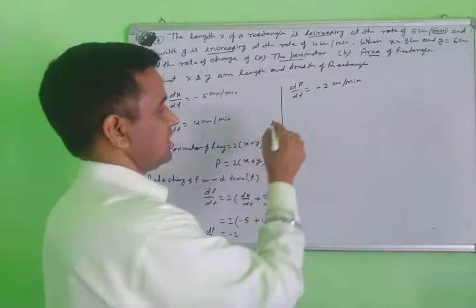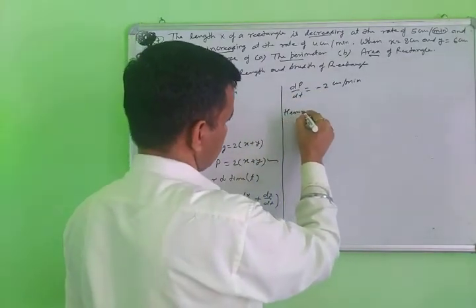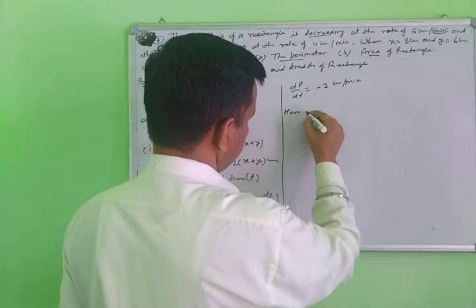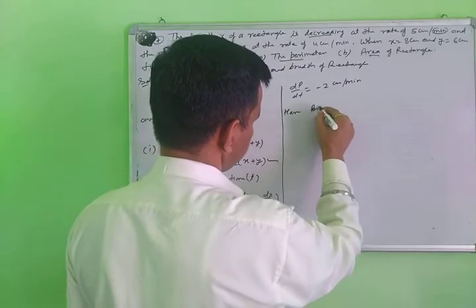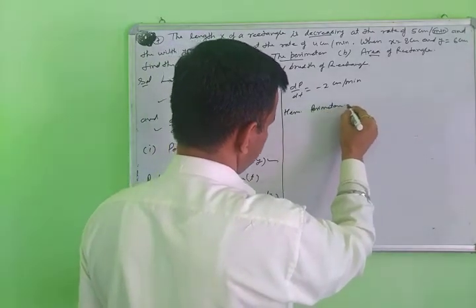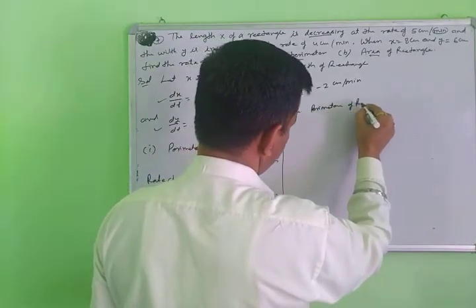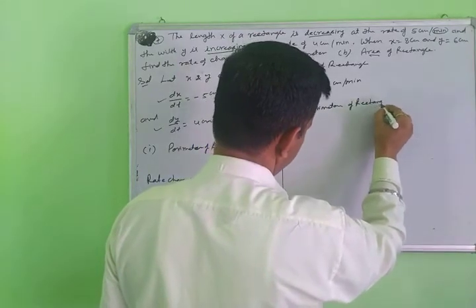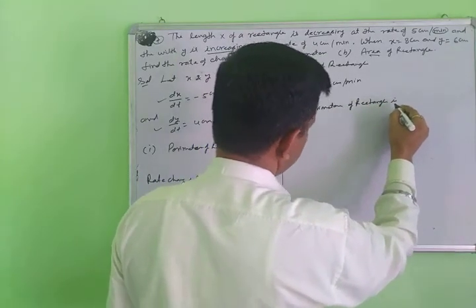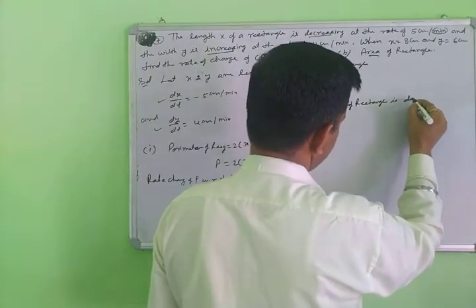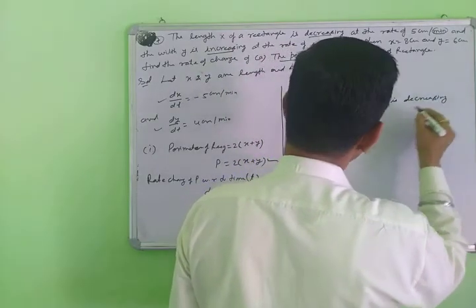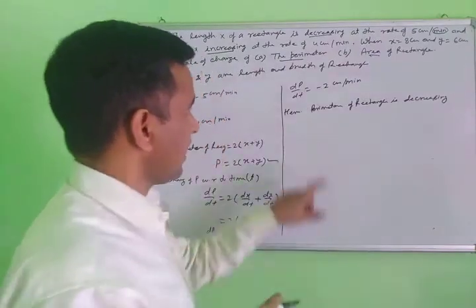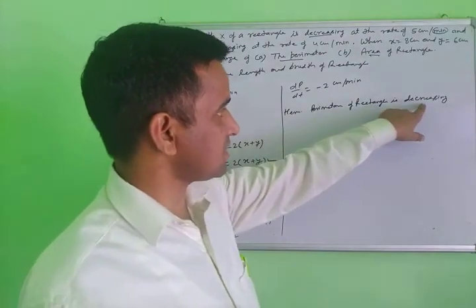Hence the negative sign represents that the perimeter of the rectangle is decreasing.